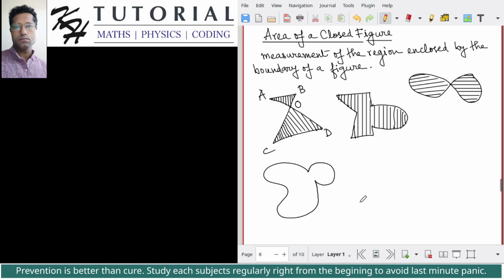You can clearly understand what will be the region enclosed by this figure. Obviously this part is the region enclosed by the boundary of this figure. So the shaded part is the region enclosed by the boundary of this figure.